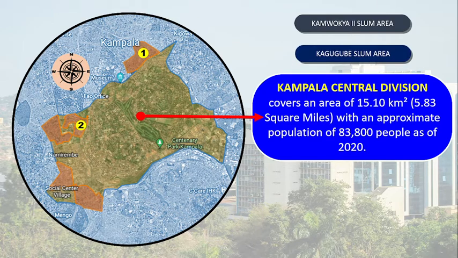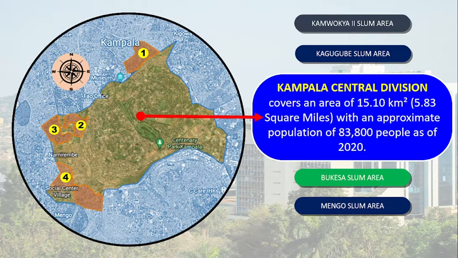At number 2, we do have Kagugube slum area, that is within the western part of the division. Next to Kagugube, we do have Bukesa slum area. As you go down to the southern part of the division, we do have Mengo slum area in the 4th position. And then finally, we do have Kisenyi slum area.